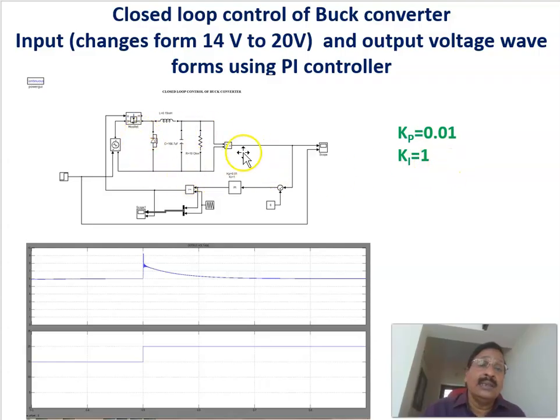And this is the closed loop Simulink diagram of the model of the buck converter. This is the output waveform, this is the input voltage perturbation, and this is the output voltage waveform.